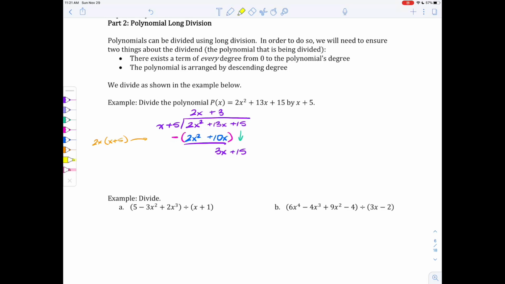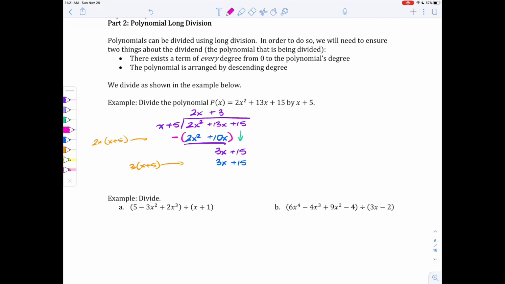And now for our next step, we're going to multiply this 3 by the entirety of this x plus 5. And that's going to give us, so 3 times x gives us 3x, 3 times 5 gives us 15. And again, we got that line because that was 3 times x plus 5.